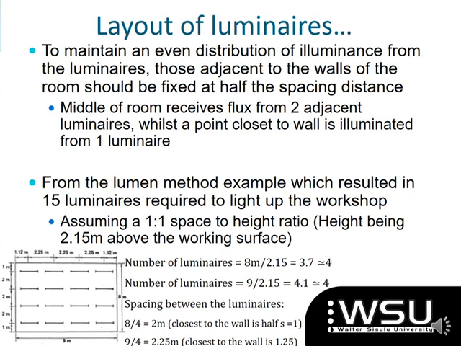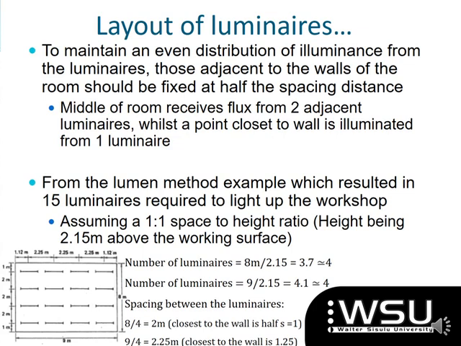There is just one more rule I must tell you. To maintain the even distribution of your lighting on your surface, the lights that are adjacent to the walls should be fixed at half the spacing between all of your other lights.